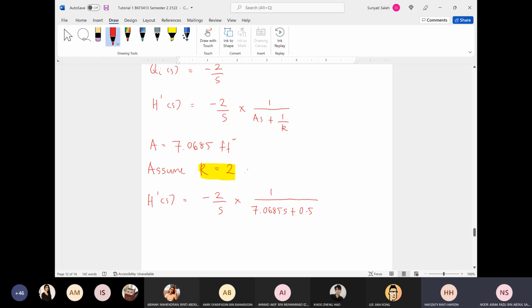Now I want to convert my equation by inverse Laplace transform into the time domain. If I take a look on the table, there is not much transformation.